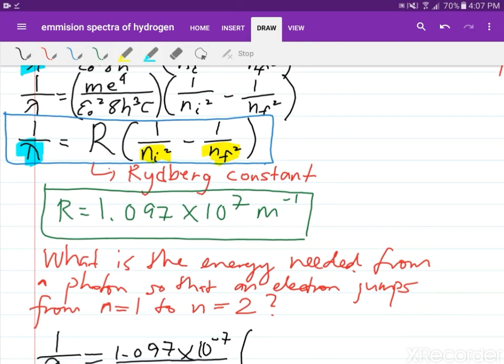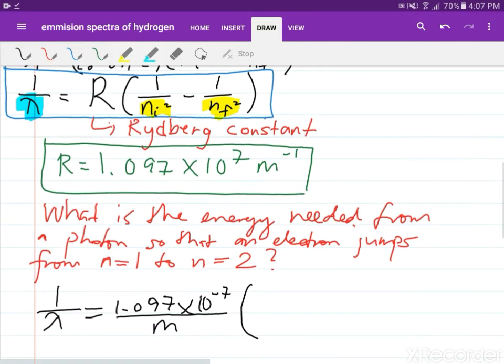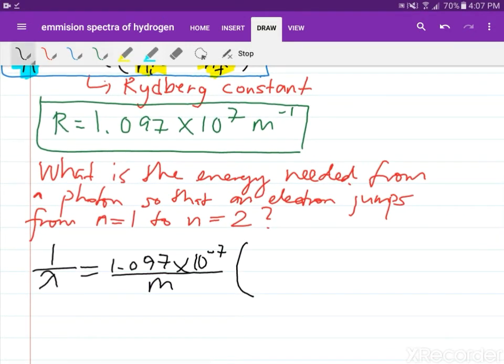Initial 1 over initial square minus 1 over final square. So its initial n is 1 square minus 1 over 2 square.